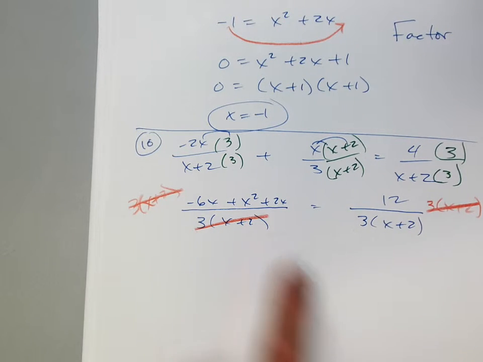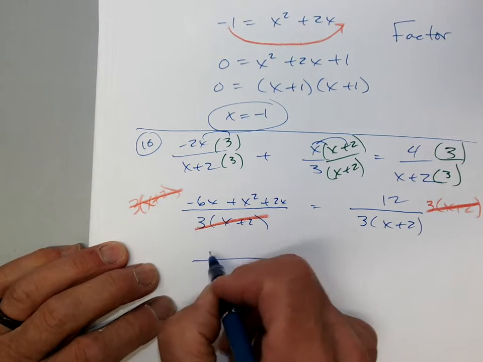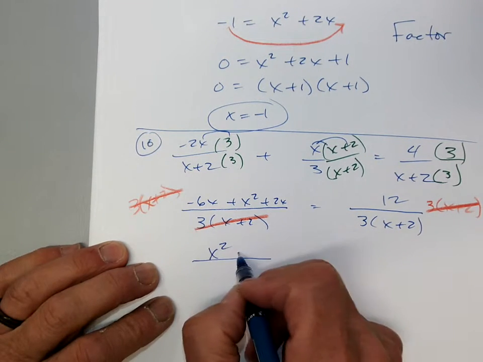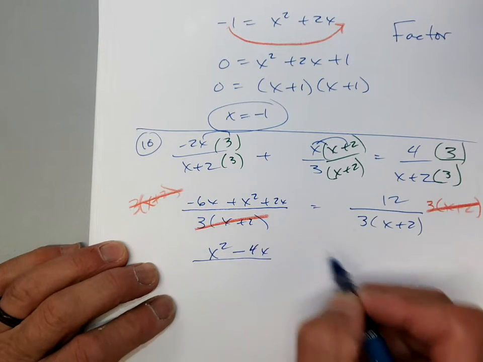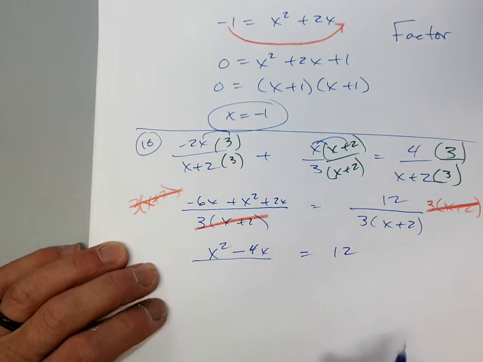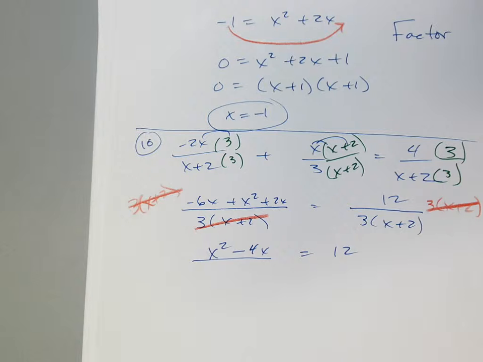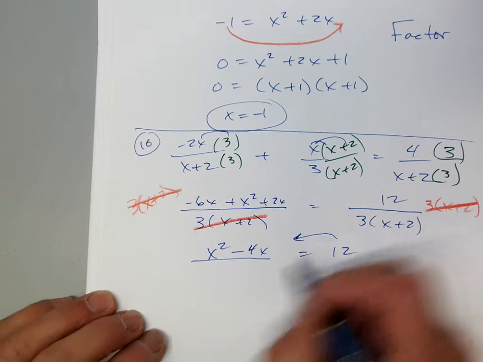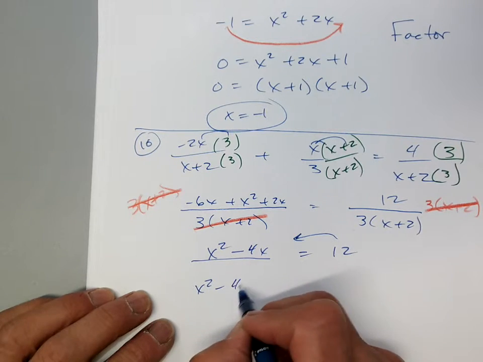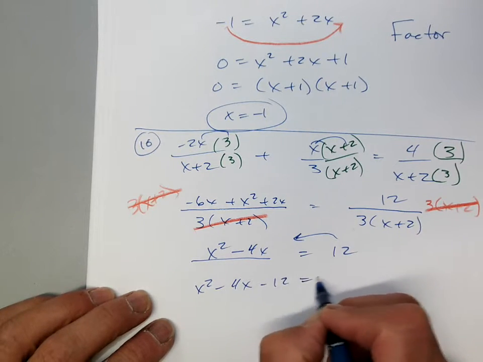Oh, when I simplify, yes, you're ahead of me. Daisy, you're ahead of me. We're going to do that. It is going to be x squared minus 4x equals 12. Okay, I guess I don't need that fraction line anymore. So then I'm probably going to factor, so I'll bring the 12 over. Okay, x squared minus 4x minus 12 equals 0.